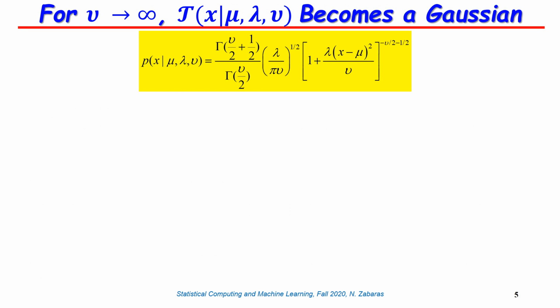Okay, so let me just highlight, and again we're not going to spend time with derivations and proofs, why when nu goes to infinity this distribution becomes a Gaussian.